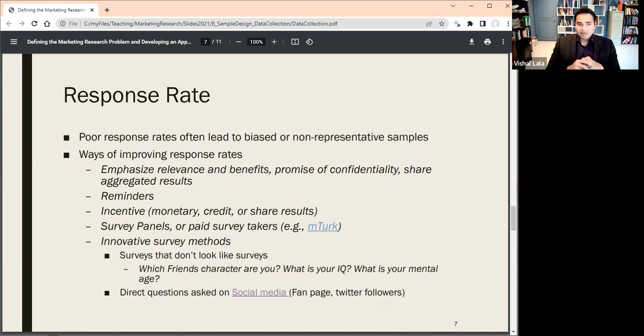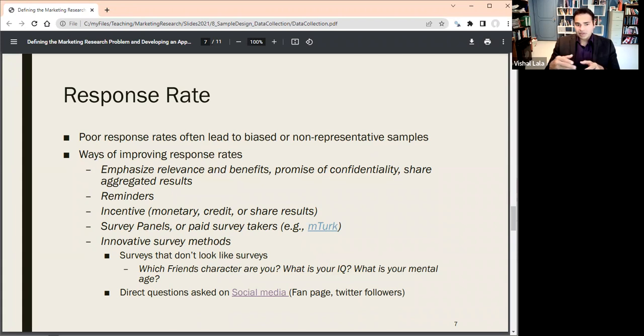Now, in my experience, I've found that reminders work amazingly well at boosting response rates. Now, I'm not saying that if you send a reminder to respondents that you'll go from 1% to 100% response rate. That'll never happen. What will happen is if you send a reminder to those who didn't respond when the survey was sent out initially, then a few more will respond.